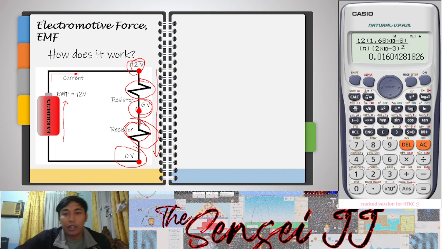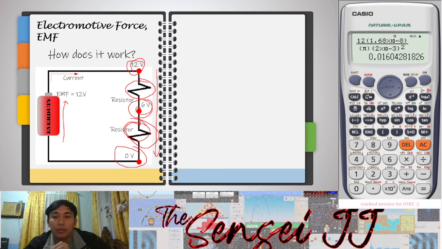Do you have any questions, guys, regarding our lesson for today, for the current, resistance, and resistivity? And also we have here our electromotive force as an additional topic, an additional component.